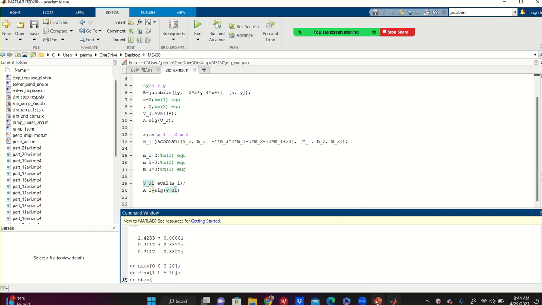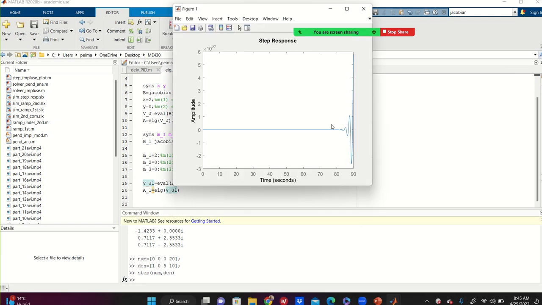If I say step num, den, it must show an unstable system. Obviously, it's 10 to the power of 27, an unstable system.